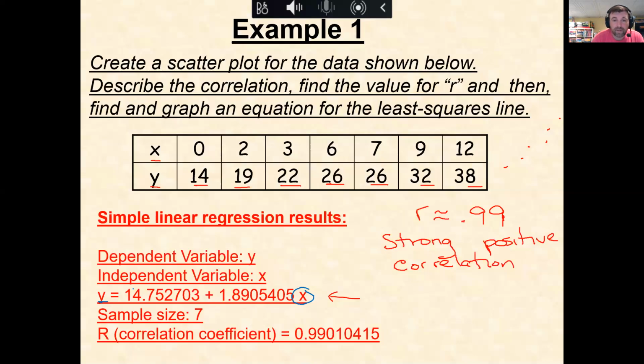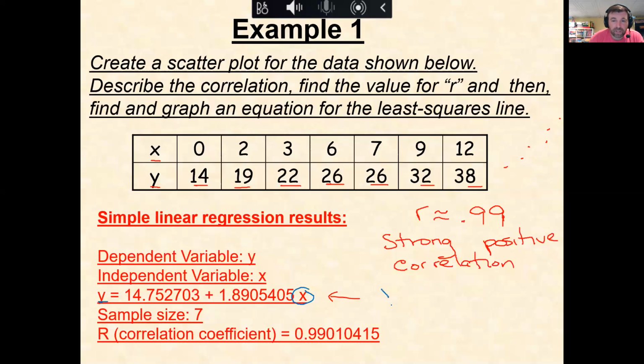So if they told me their X value, their hours studied was 8, I could come up with an equation, plug in 8, and I'd get a number. That number is not the actual test score. It might be, but what it's giving me is the predicted test score. So when you see this equation, you can't write this equation.